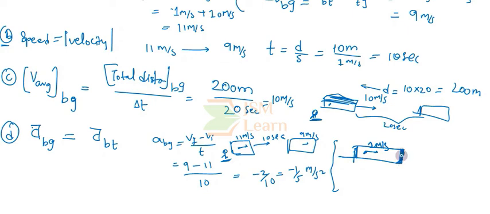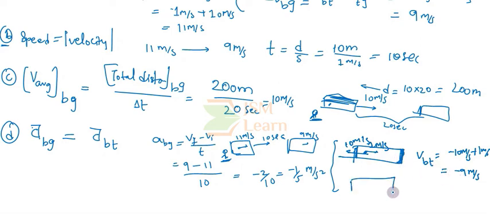When you assume yourself as the wall of a compartment in the train, you will see that the velocity of the ball with respect to the train becomes 1 meter per second minus 10 meters per second, that is minus 9 meters per second. In the first scenario, when the ball was moving in the right direction with 1 meter per second, the velocity of the ball with respect to the train becomes minus 9 meters per second.